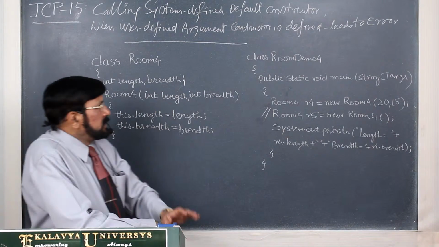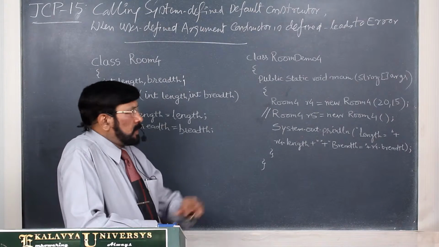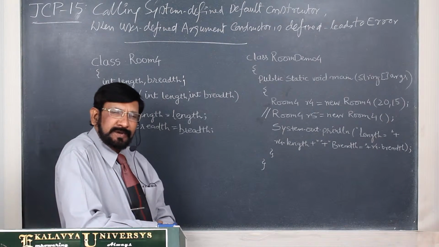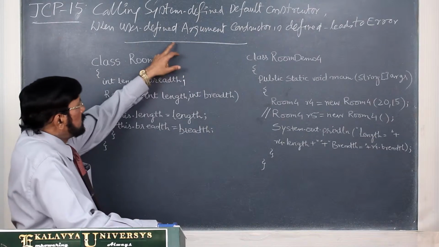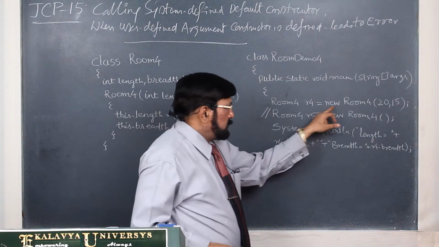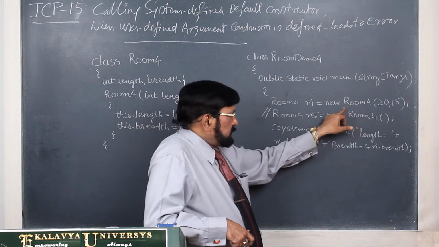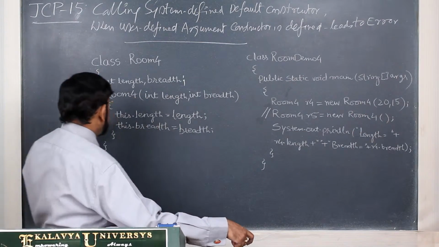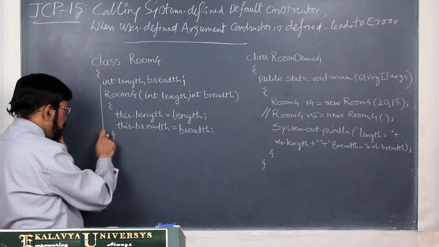So, here what we are doing, we are calling system defined default constructor when we defined user defined argument constructor. You see this code, simply seeing that you can understand that this is user defined argument constructor, the corresponding constructor we have defined here.